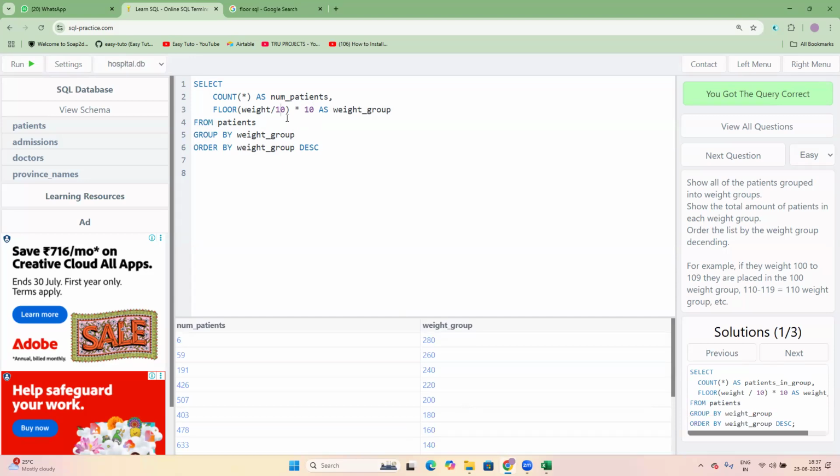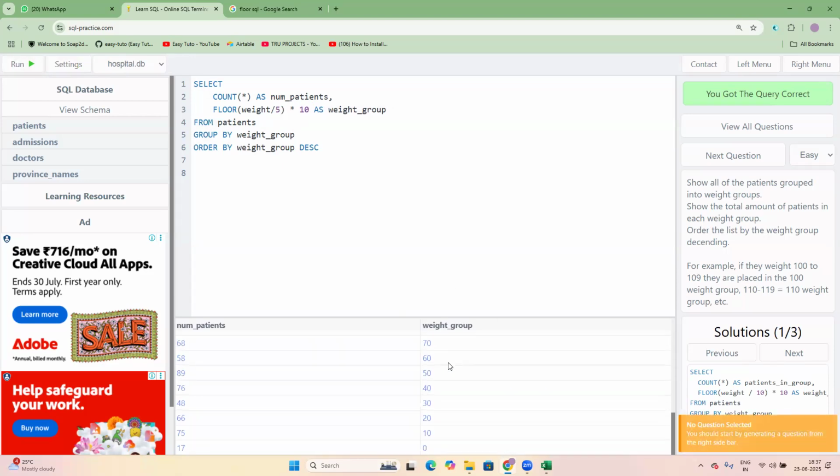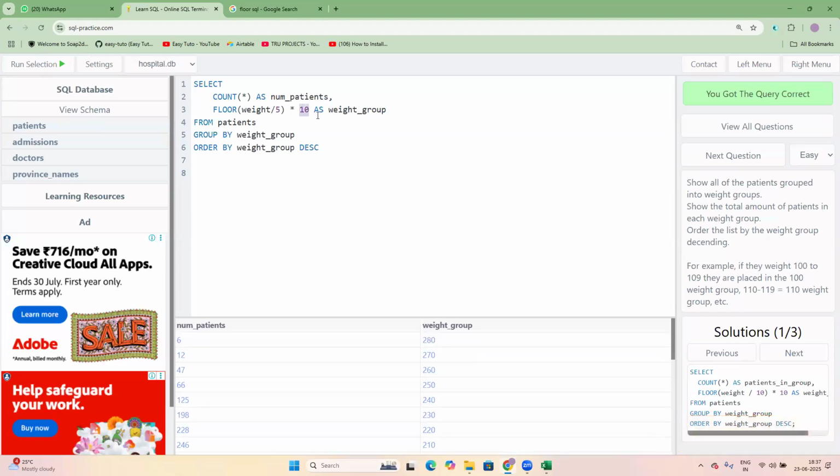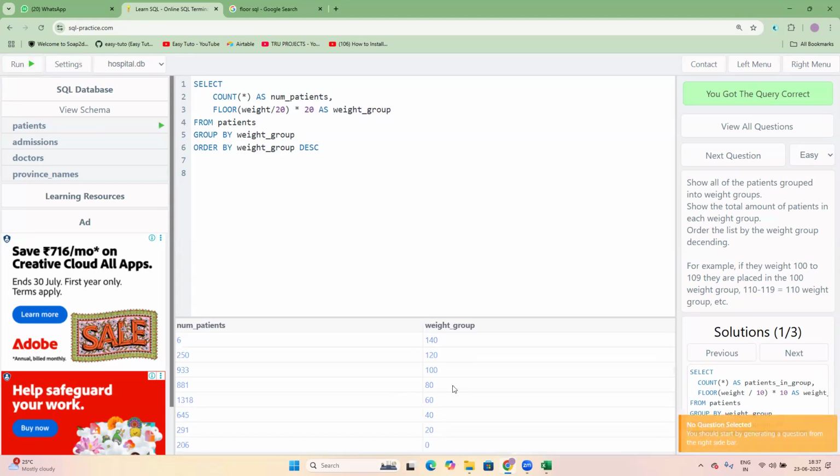We'll have to divide it by, if we divide it by 5, multiply by 5. Okay, bro. All you have to do is divide it by 20 and multiply by 20. Like this, right? 0 to 20, 20 to 40. Yes, you just have to divide it by 20 and then multiply by 20.